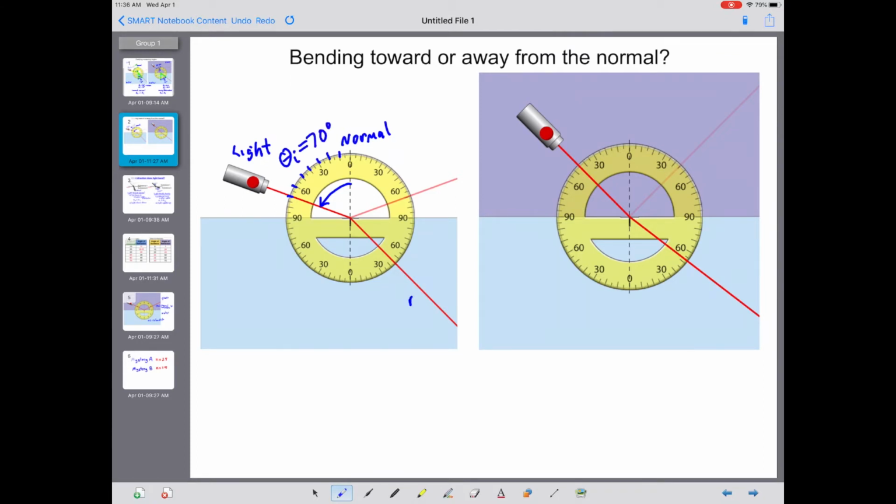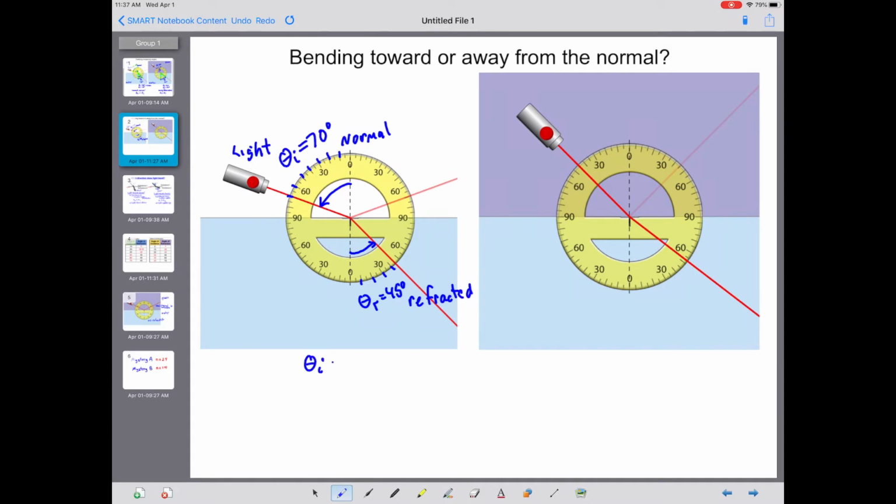So theta I is 70 degrees. The refracted ray down here, that angle going from the normal out to the refracted ray, we're at about 10, 20, 30, 40, looks like we're right about 45 degrees.